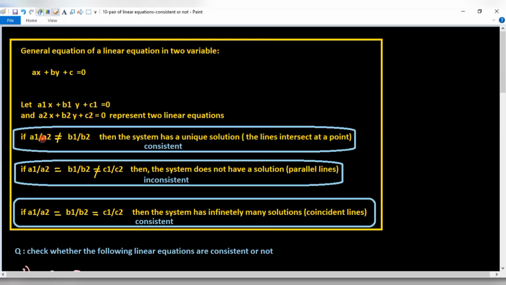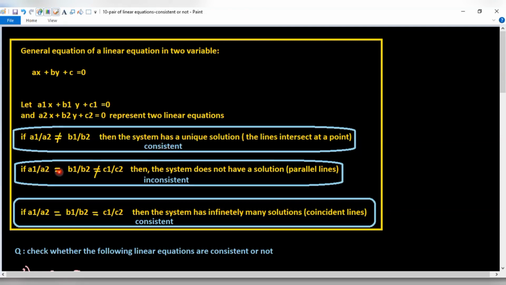If a1 by a2 is not equal to b1 by b2, then these two lines, a linear equation being representable as a line in our graph paper, meet at a point, or we can say they have a unique solution. The lines intersect at a point, so they have a solution, so it is consistent.